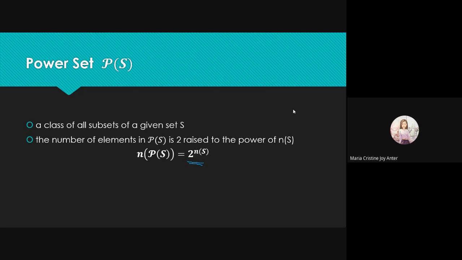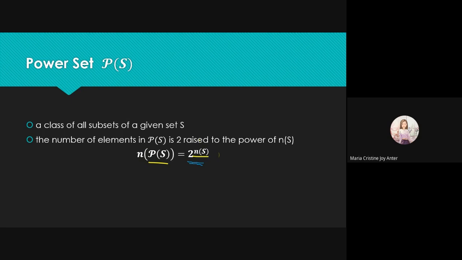Unsa nimo pagkabalo kung tama ang imong kidaghanon? Unsaon pagkabalo sa cardinality or number of elements of that power set? We have a formula here: the number of elements or the cardinality of the power set of a given set is 2 raised to n of S, meaning 2 raised to the cardinality of that set.